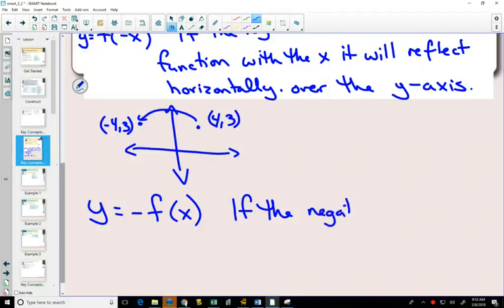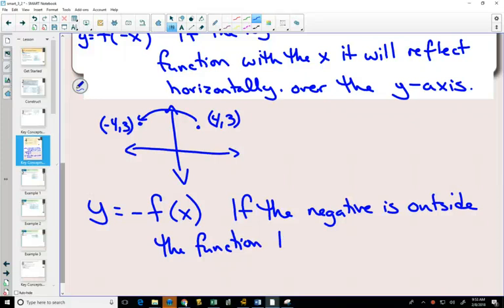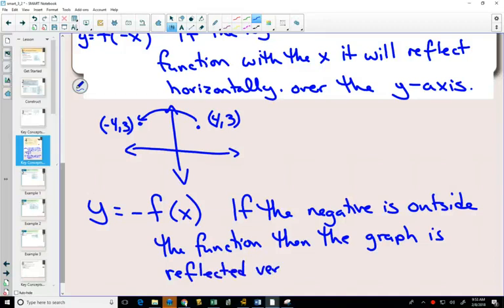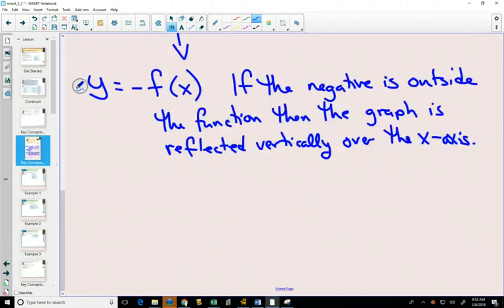So if the negative is outside the function, then the graph is reflected vertically over the x-axis.